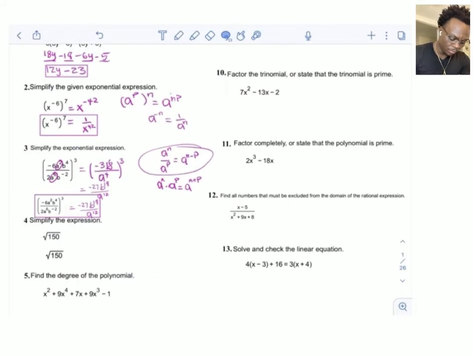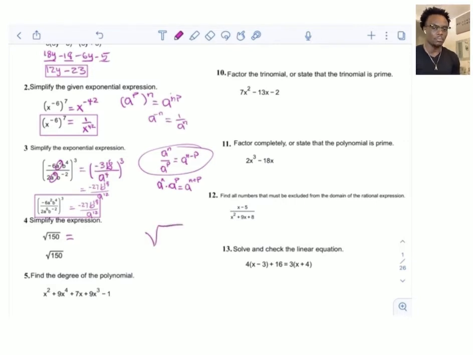Number 4, we have a radical expression. They say to simplify. Whenever you're simplifying a radical expression, you need to look for 3 things. The first one is whether the expression under the radical is a perfect square or perfect cube, or whatever the index of the radical is. When I say index, your radical is given in this form.